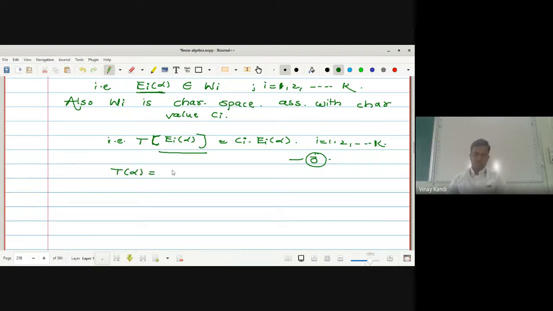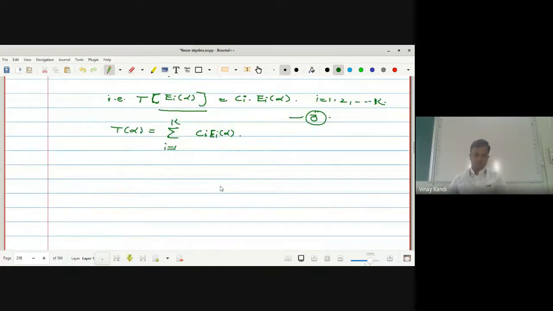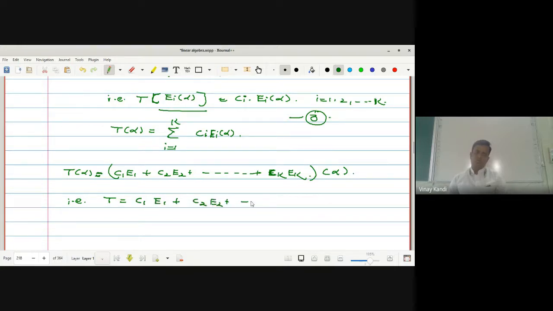summation i from 1 to k of Ci into Ei of alpha. So T of alpha is equal to C1 E1 plus C2 E2 plus and so on up to Ck Ek of alpha. So T is equal to C1 E1 plus C2 E2 plus up to Ck Ek.